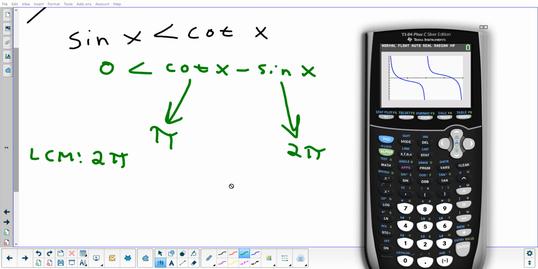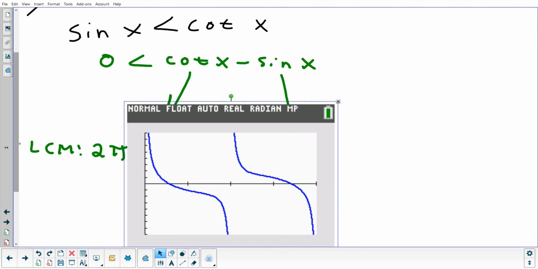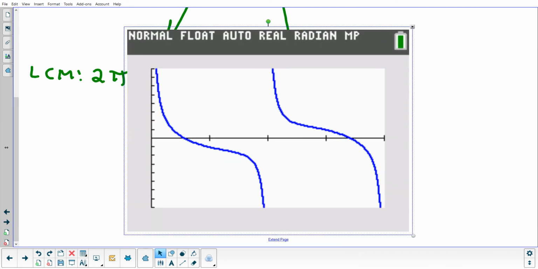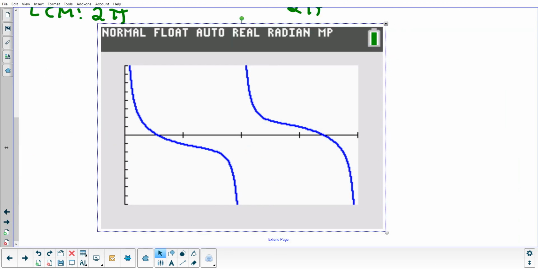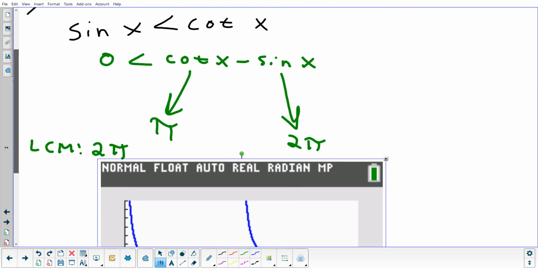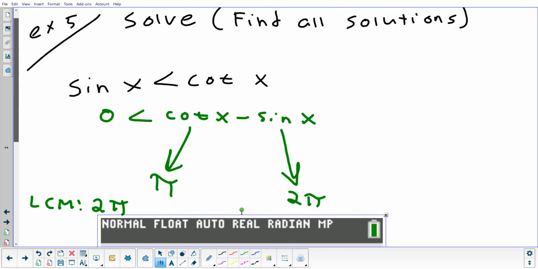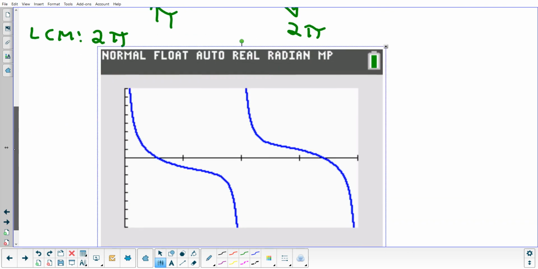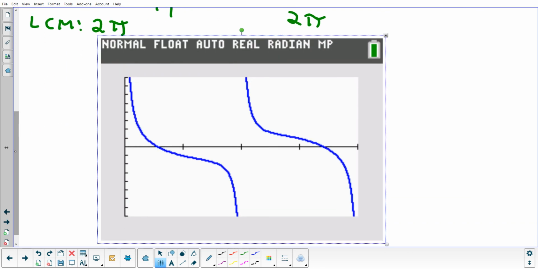Let's pull that down over here. Like that. All right. How many intervals on this window is my trig graph above 0? How many sections are above 0?